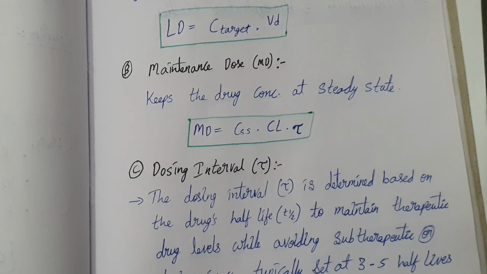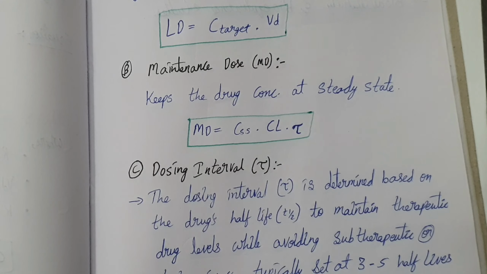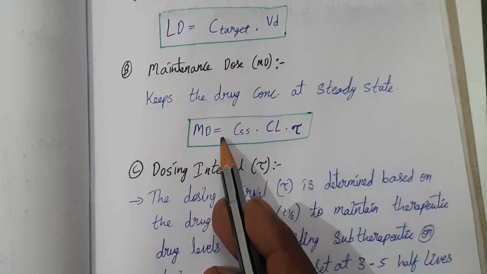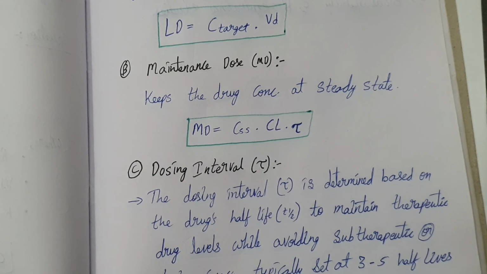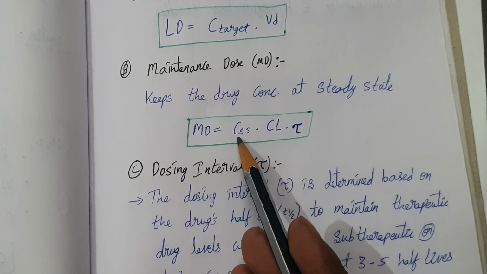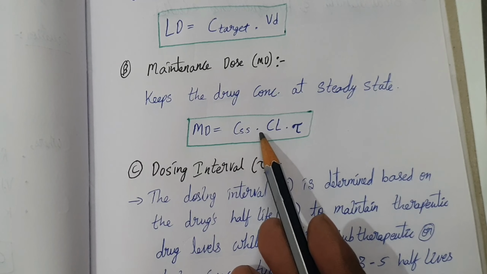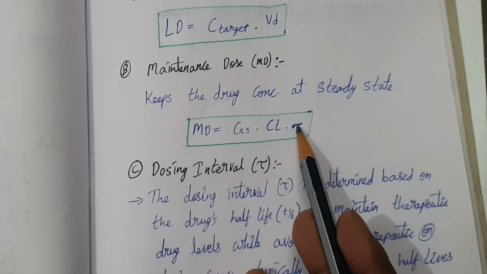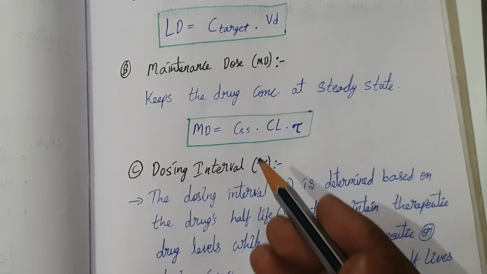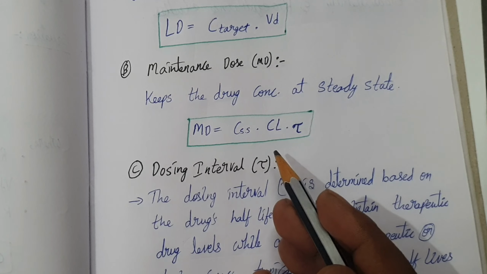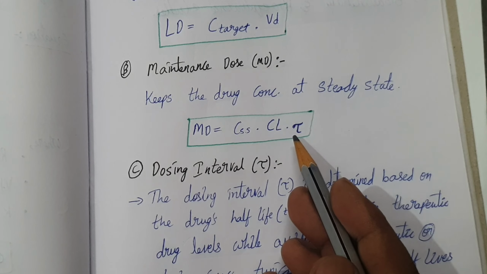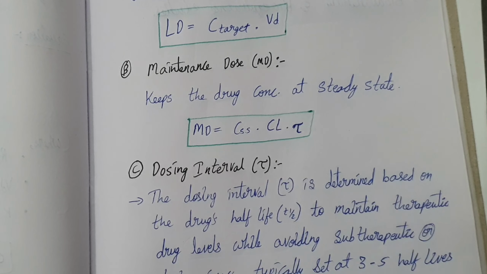Then the maintenance dose is to maintain steady state plasma concentration during repeated dosing. This formula is maintenance dose equals steady state concentration multiplied by Cl and tau, where Cl is the clearance and tau is the dosing interval.